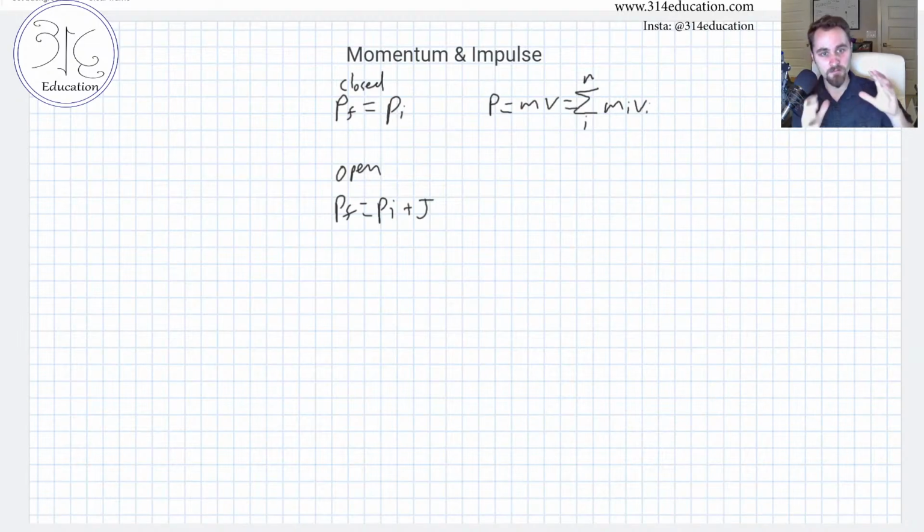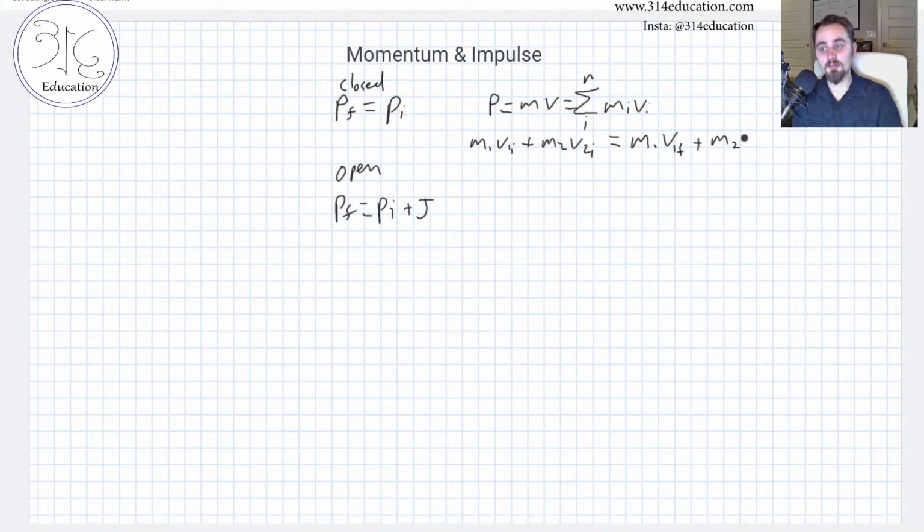So if we have two masses coming towards each other and they both have a velocity, they both contribute momentum to the system, and we have to add both of those together. So that would look something like m1v1 plus m2v2. And we could then say their initial momenta are going to equal their final momenta.